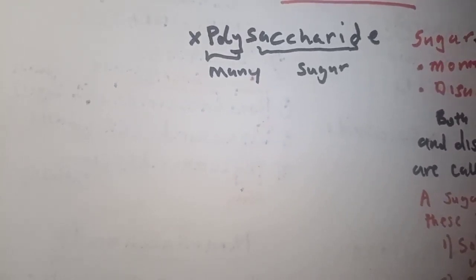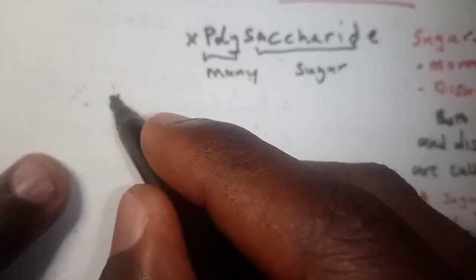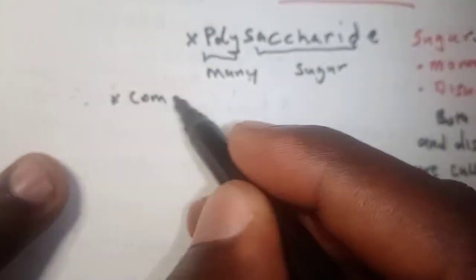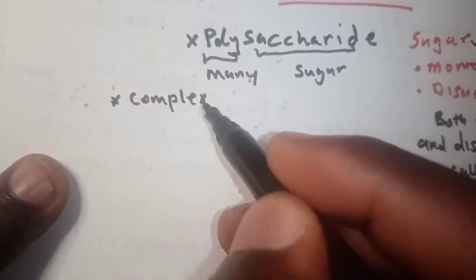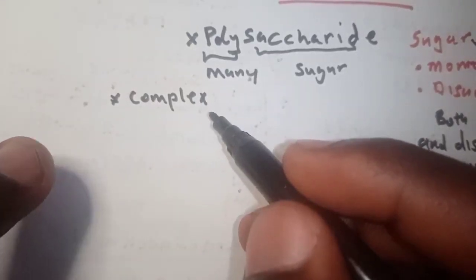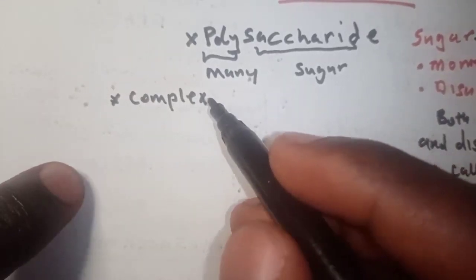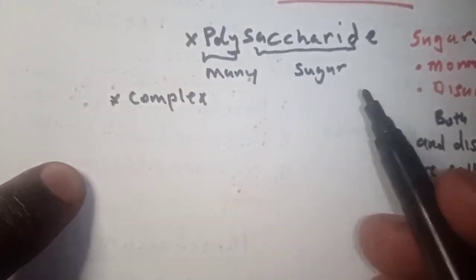Now, polysaccharides are complex carbohydrates. When we say complex, it's just the opposite of simple. You remember monosaccharides, we said, are simple sugars.